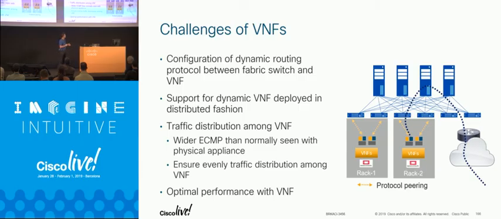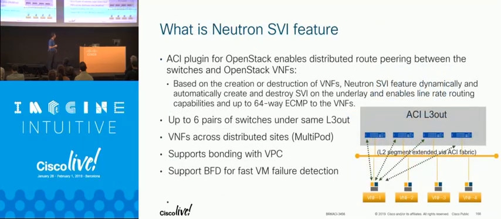And maybe those VNF also want some sort of dynamic routing protocol, maybe BGP, so they can expose service dynamically. I create a new service and already it's well known by the outside world. How do I do this, and how do I do this dynamically, as I shrink and increase the number of VNF that I have?